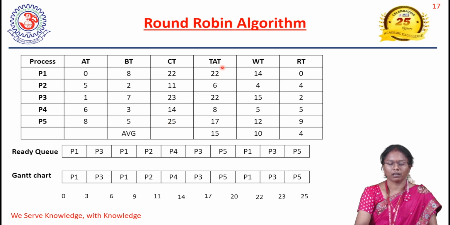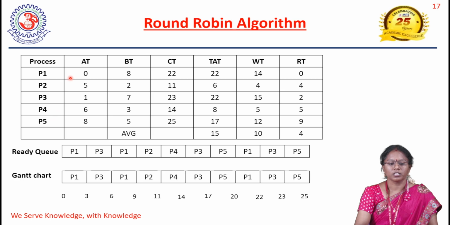And using the formula, turnaround time is equal to completion time minus arrival time. We have calculated the turnaround time, and waiting time is equal to turnaround time minus burst time. And what is response time? Response time means the time at which the process is first responded to by the CPU.